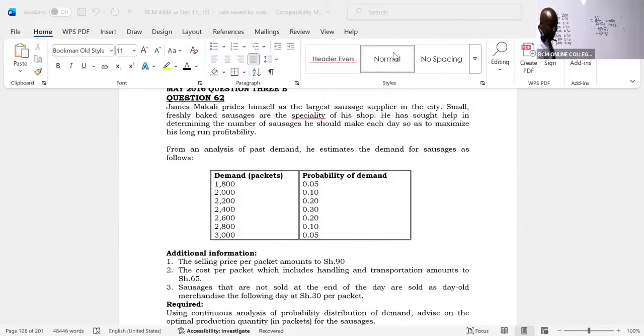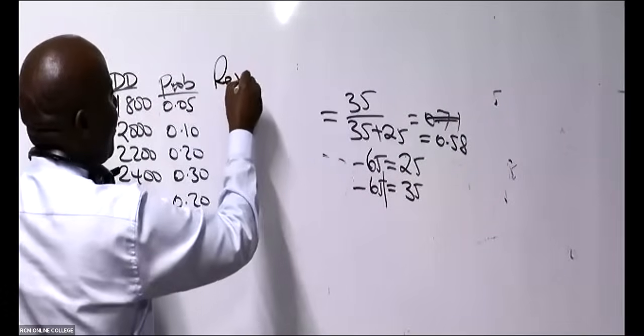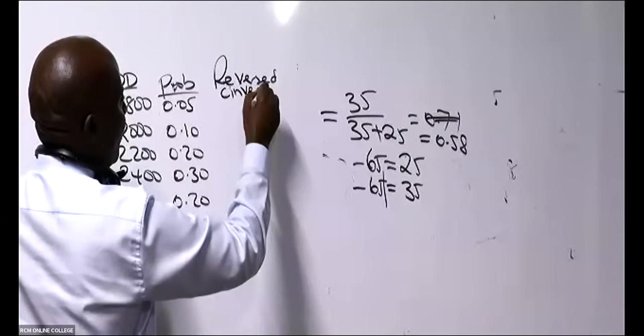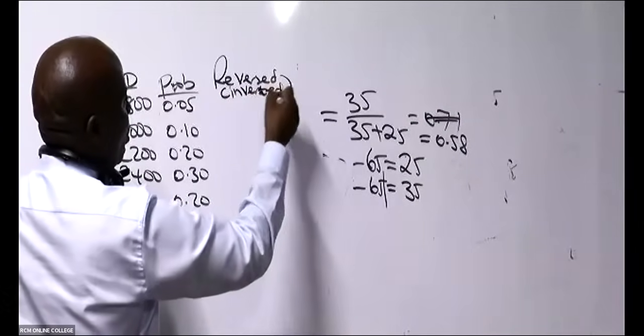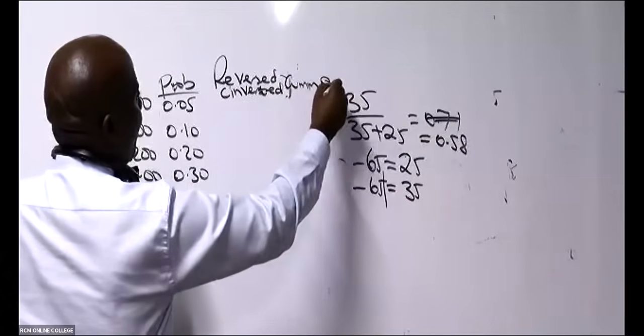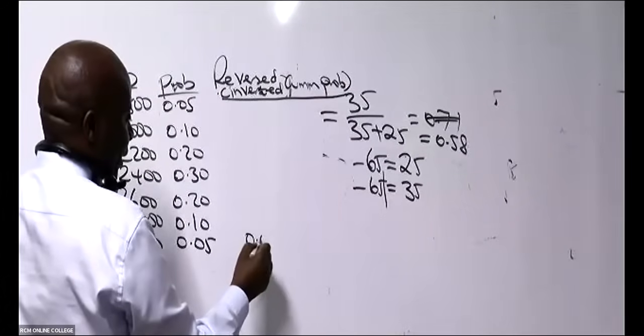They have to be inverted or reversed. We call them reversed, or inverted cumulative probabilities. So we start from down here, right?